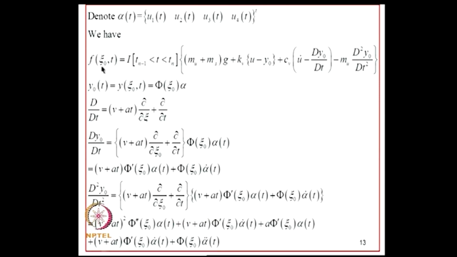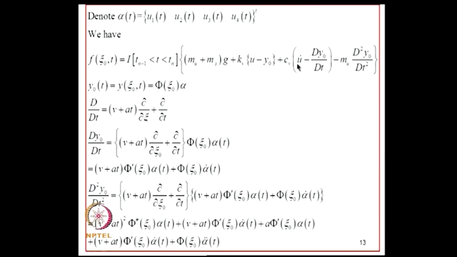So now f of xi0 comma t is given by, using the definitions that we have introduced, this. And now y0 of t itself is y of xi0 comma t, which is phi of xi0 into alpha. That is the representation we are using. So this is 1 cross 4, this is 4 cross 1, therefore this is a scalar representation.